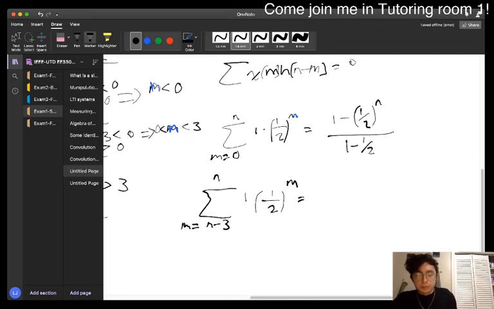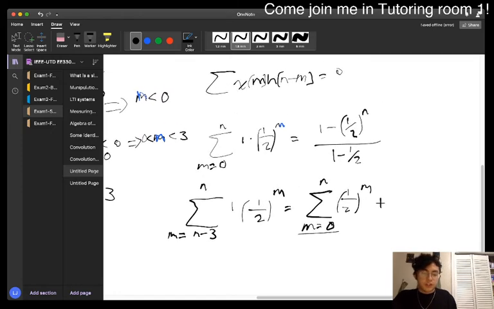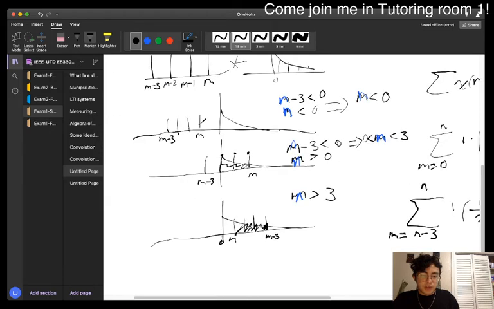Like if we put in the sum from m equal to 0 to n, because we want zeros at the start of our geometric series, and then actually we're subtracting, so we subtract out the sum that is not overlapping, basically.